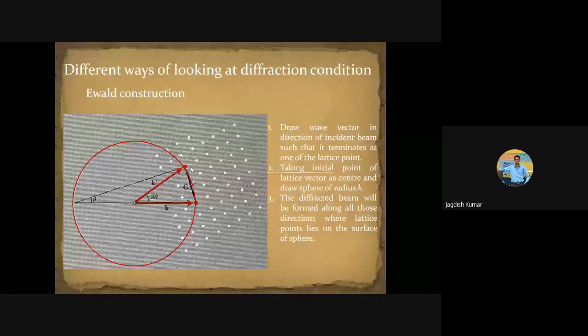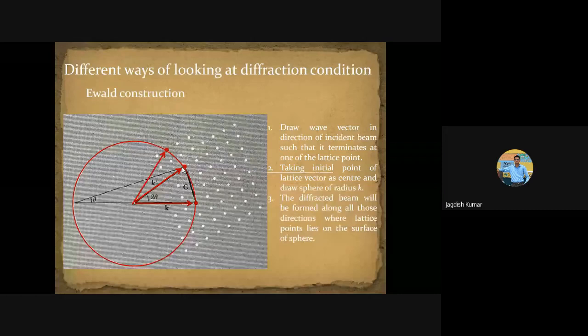All those k dash vectors, running from the center to the lattice points lying on the surface of the sphere, represent the directions at which you will find maxima in the X-ray intensity scattered from the crystal. This sphere is also called the Ewald sphere. You may find some other point, and that will also satisfy.